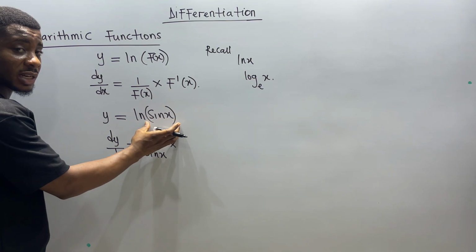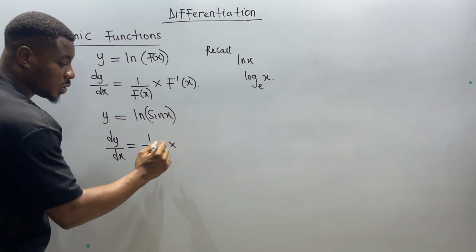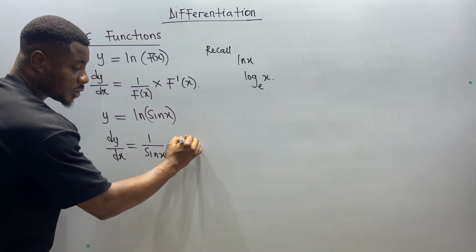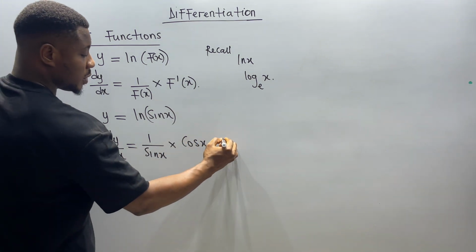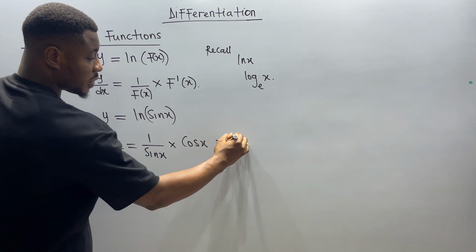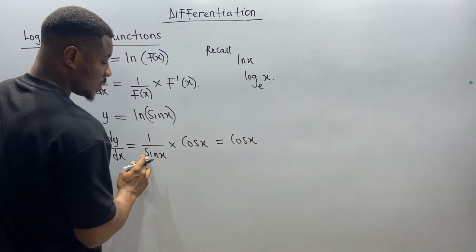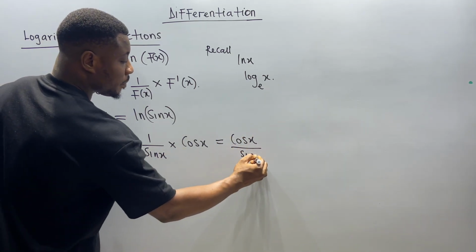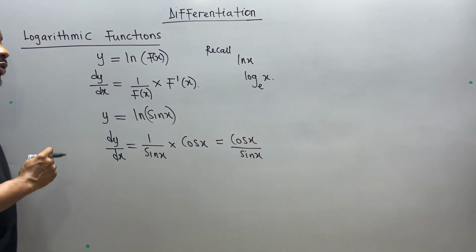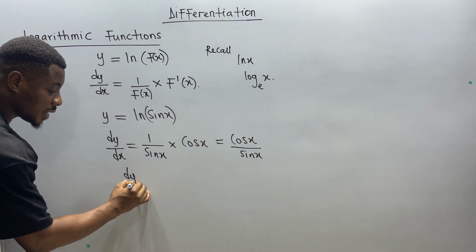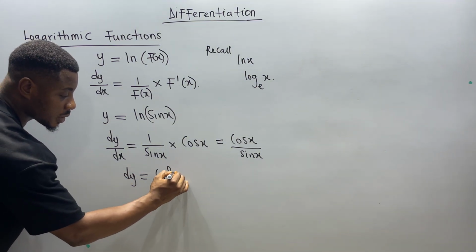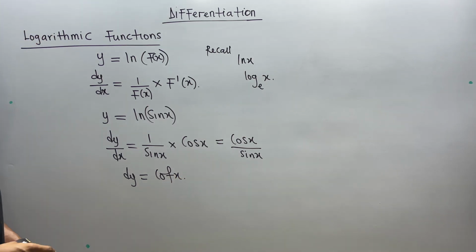The derivative of sine x is cos x, so it becomes 1 over sine x multiplied by cos x. Cos times 1 gives us cos x, and sine comes under. Remember in trigonometry that cos x over sine x is cot x. So dy over dx finally becomes cot x.